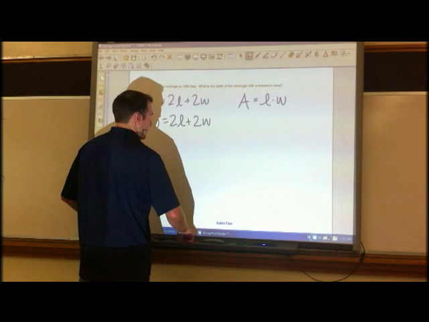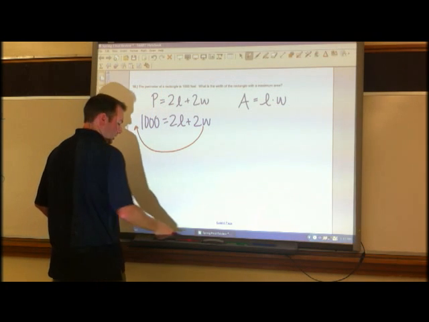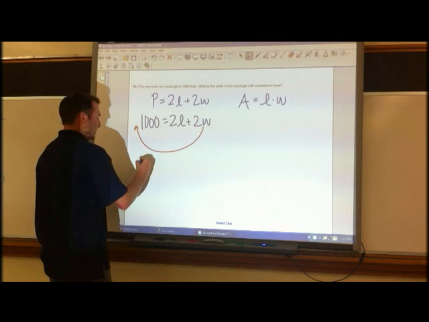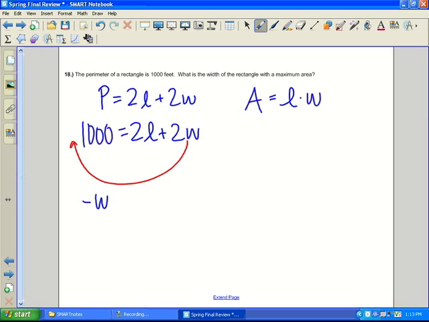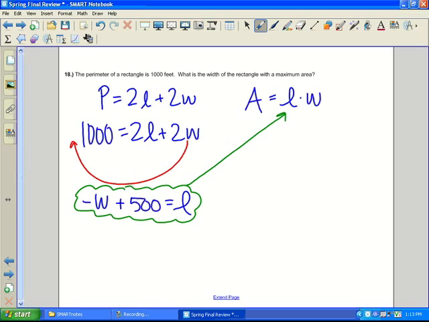If I subtract 2W from both sides, I could actually get that negative W plus 500 is equal to L. And then I would take this value here and plug it in there for L. And now my new area expression would be that the area is 500 minus W times W still.